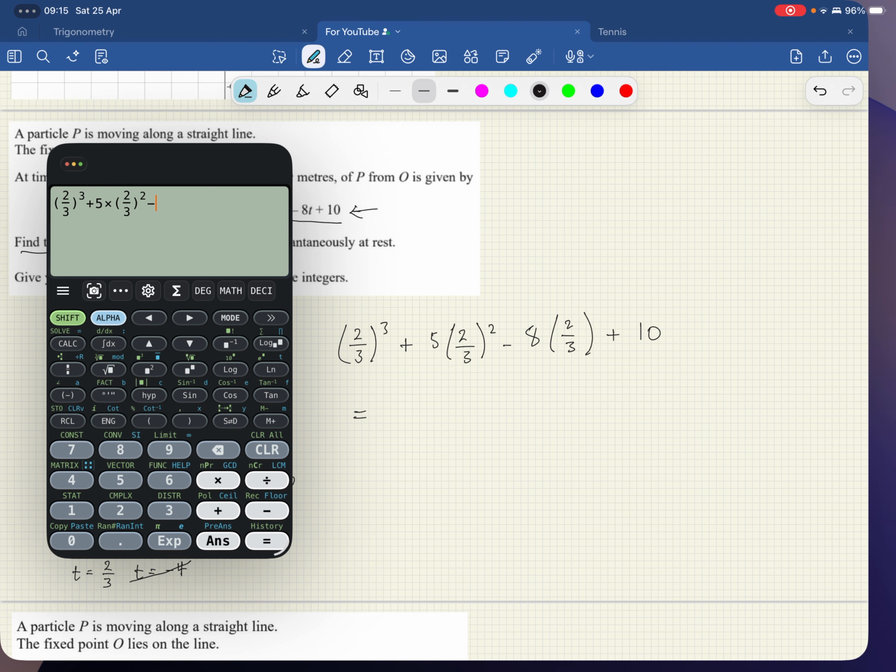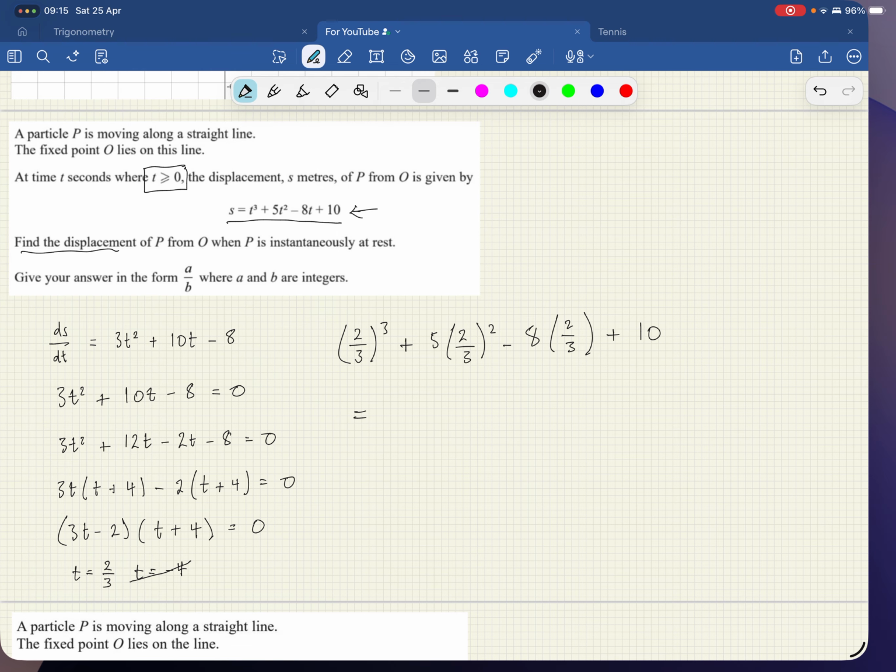We are subtracting 8 lots of 2/3, which is 16/3, and then we're adding 10, and it gives you this 7.185, but that button there gives you the answer. So that's your A and B, 194 was it, over 27.